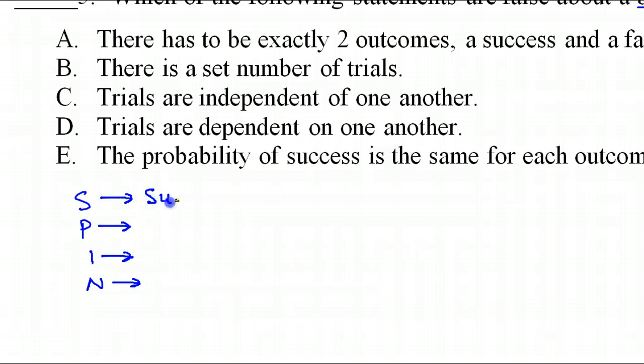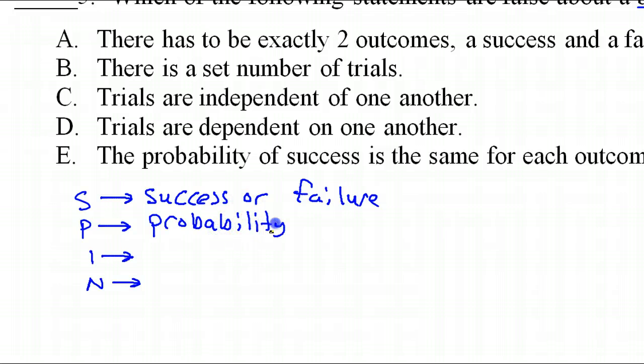There must just be a success or a failure. The probability must be constant. There must be independent outcomes.